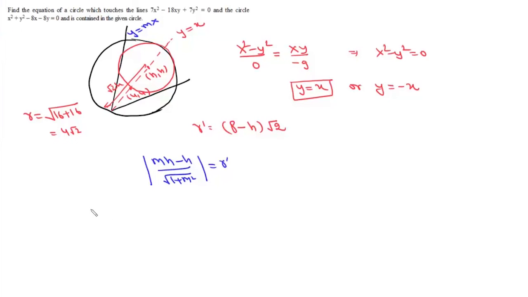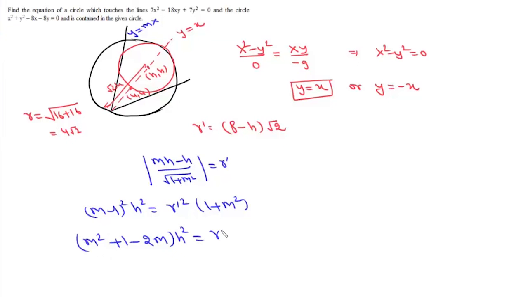We can write (m minus 1) square into h square will be equal to r dash square into (1 plus m square), and here will be (m square plus 1 minus 2m) into h square, and there will be r dash square plus r dash square m square.